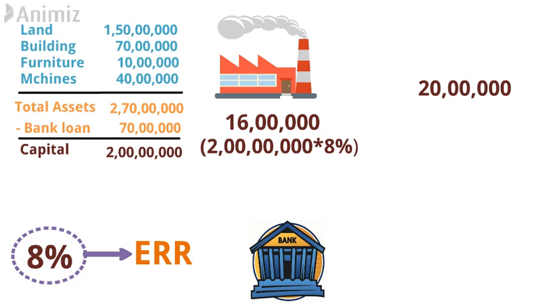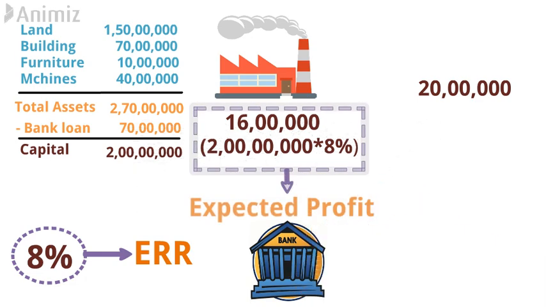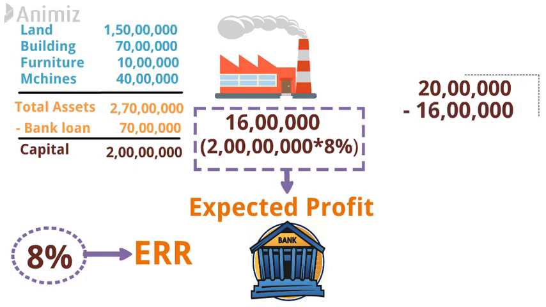If we multiply 2 crore with 8%, we get 16 lakh. This 16 lakh is the expected profit. As we said earlier, this business is earning 20 lakh rupees as profit per year. And what is the expected profit? 2 crore into 8%, so we get 16 lakh.